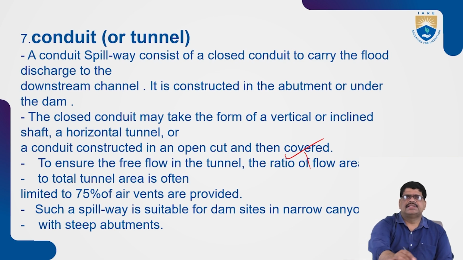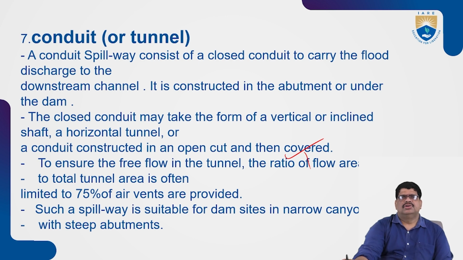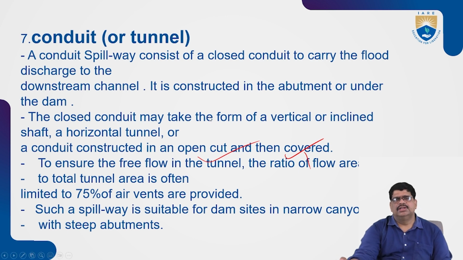From this tunnel, the water can be sent outside, and this is also one of the best options where provision was not made at the top of the dam during the design time. So this is another option for the construction of the conduit or tunnel type. It is limited to 75% of the vents, and such a spillway is suitable for dam sites with narrow canyons and abutments.